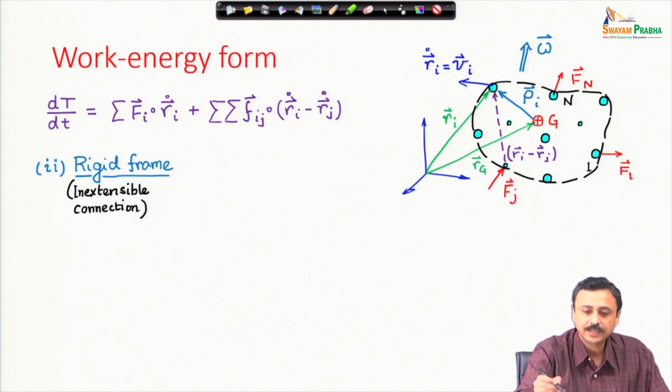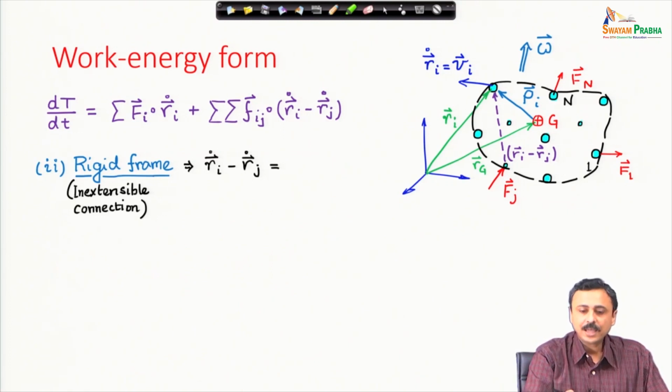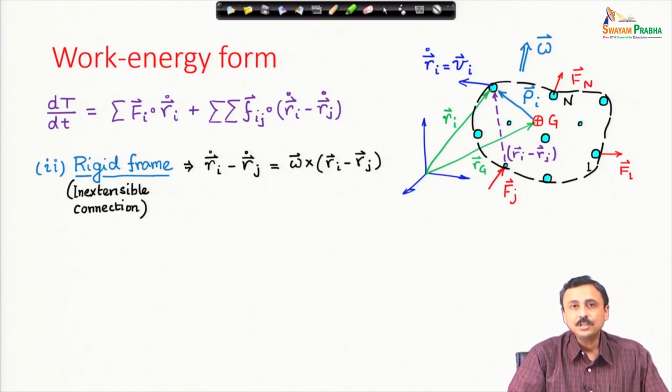So, what does the second case tell us? When it is a rigid frame, what happens is r I dot minus r j dot, the relative velocity between I and j, which is the velocity of the ith particle minus the velocity of the jth particle, becomes equal to omega cross r I minus r j.